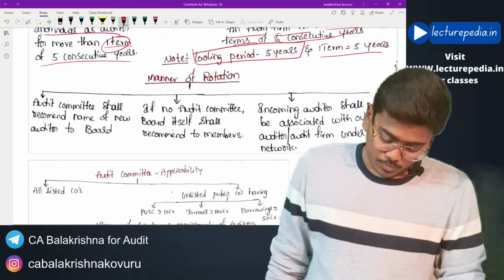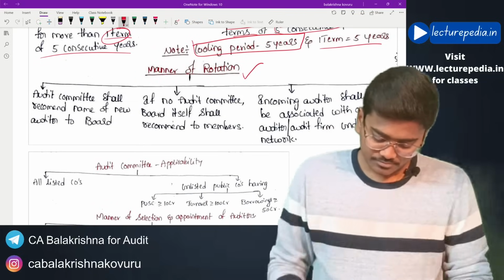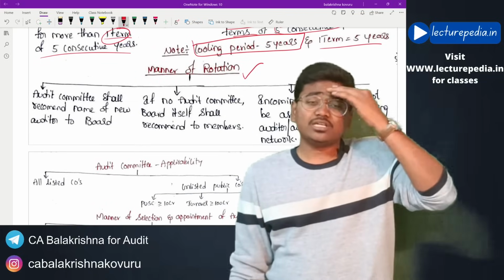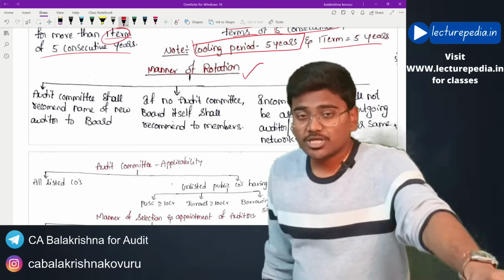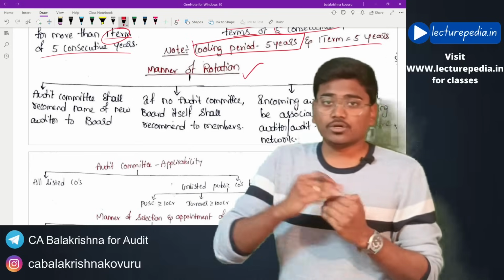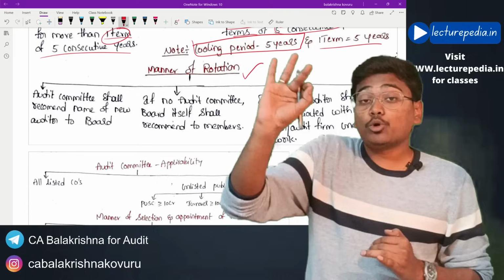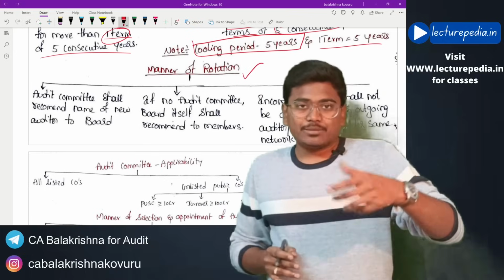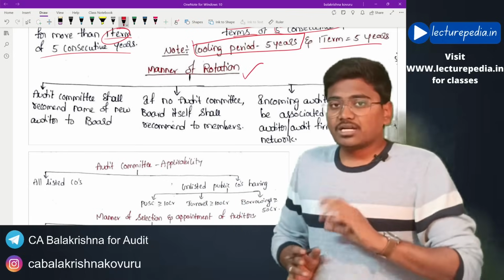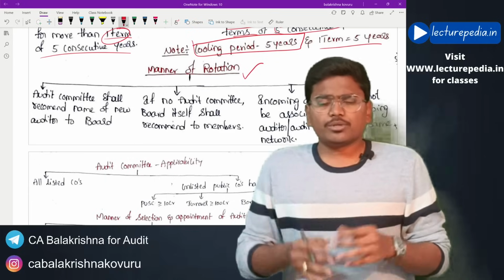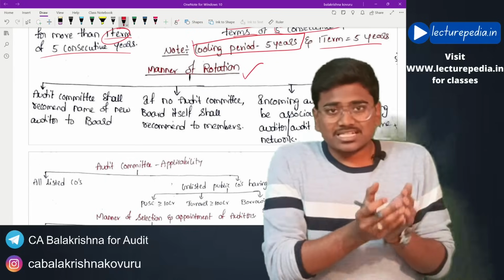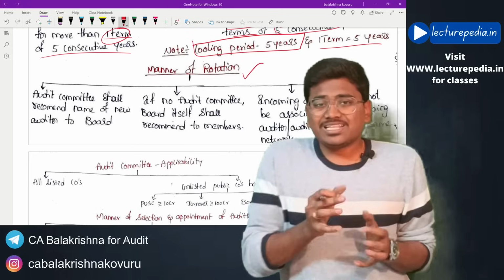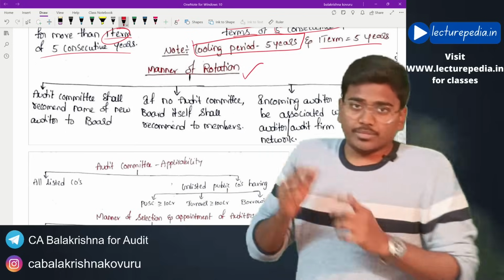Now coming to the manner of rotation. First of all, the audit committee will recommend to the board of directors the name of the auditor who should be appointed in the place of the retiring auditor. Okay, if the audit committee is applicable to the company, then the audit committee will recommend. If the audit committee is not applicable, then the board of directors themselves will search for the incoming auditor and they will recommend to the members.